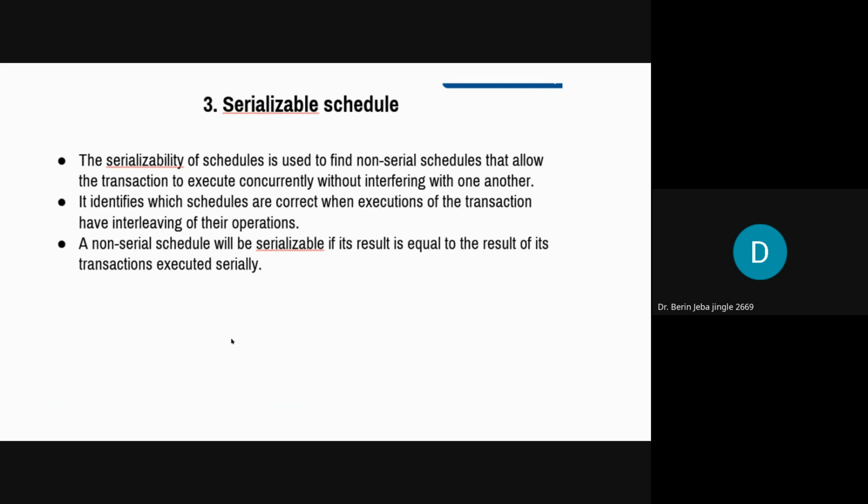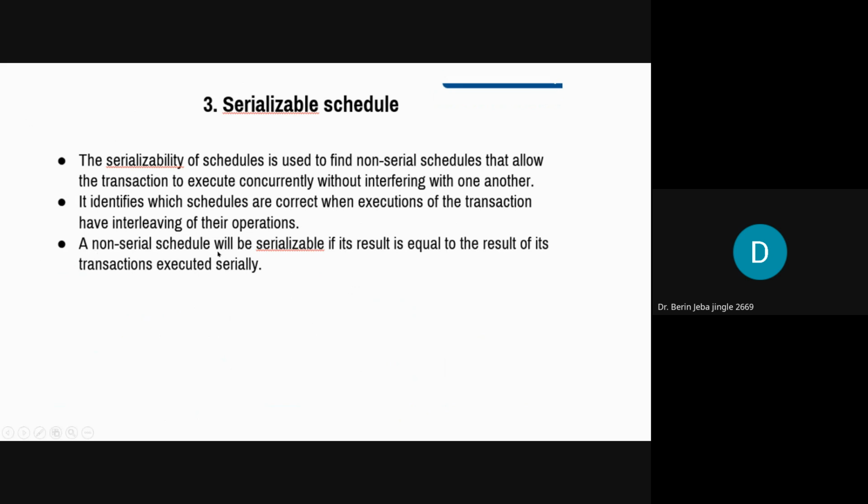What is serializability? What is a serializable schedule? A serializable schedule is used to find which non-serial schedules are correct, and it allows the transactions to execute concurrently without interfering with each other. It identifies which schedules are correct when transactions execute. How can we say that a schedule is correct?